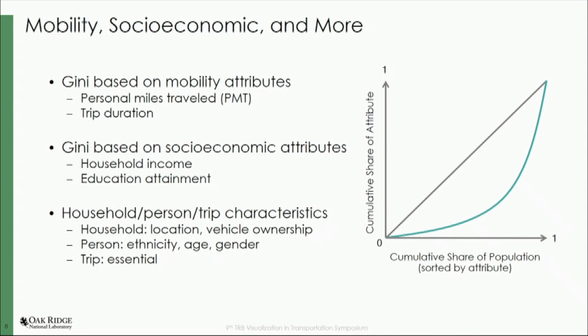This is exploratory analysis, because I believe this is the first time we try to use National Household Travel Survey data to look at these aspects. The characteristics that we're using include household location, vehicle ownership, ethnicity, age, gender, and trip characteristics. And I'll talk more in the following slides.